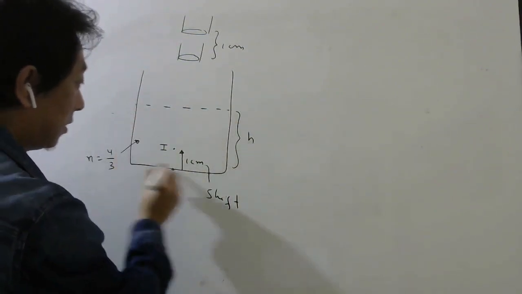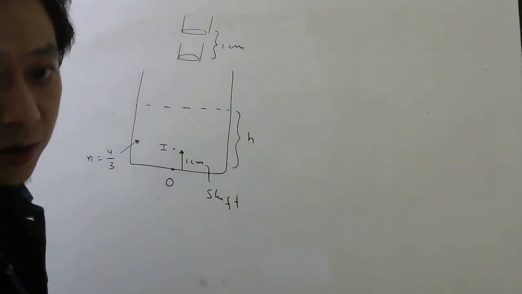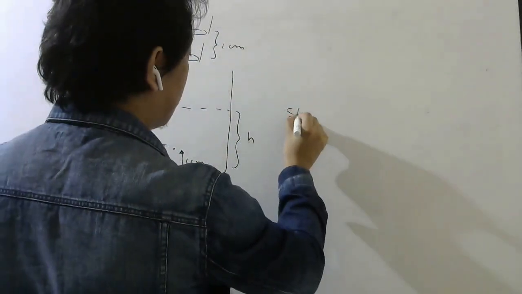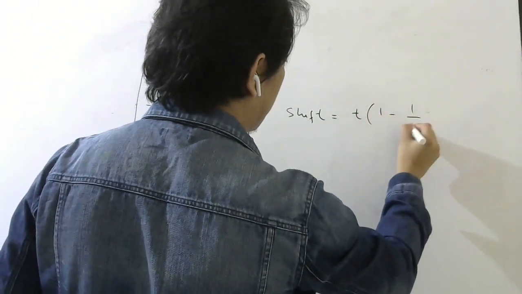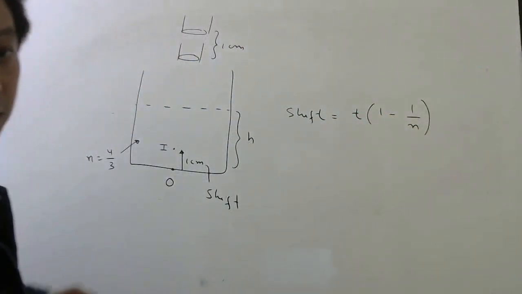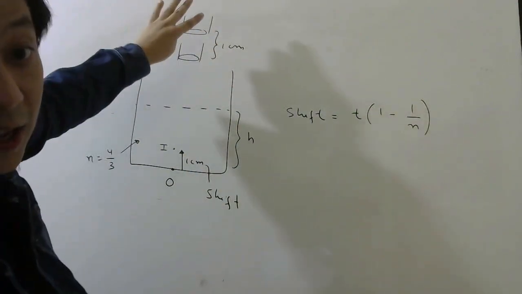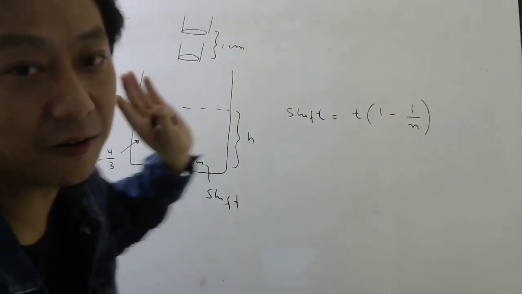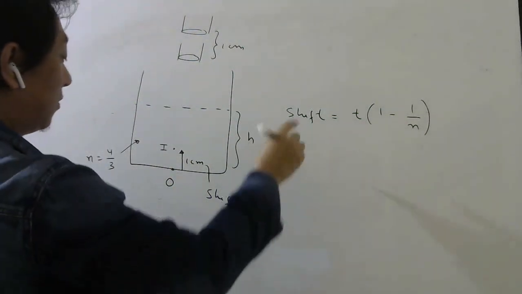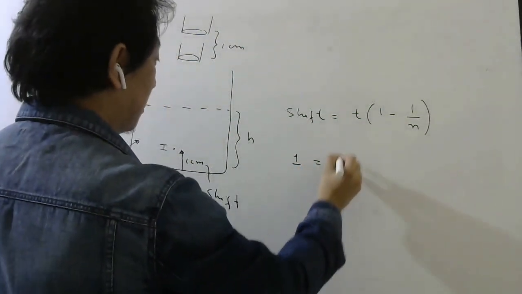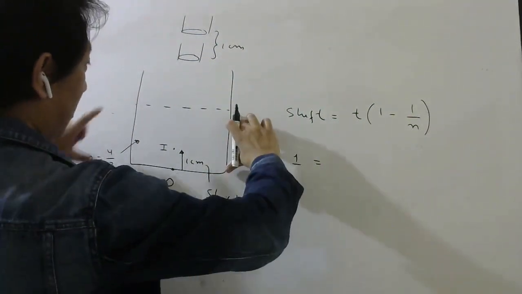For this, you can consider this as glass slab if you want. So what was the formula for shift? T times 1 minus 1 by refractive index. Observer is in air, so no need to change this n to n by n naught. So shift is 1 centimeter. Thickness means this height, right?